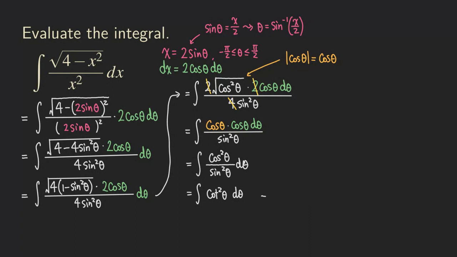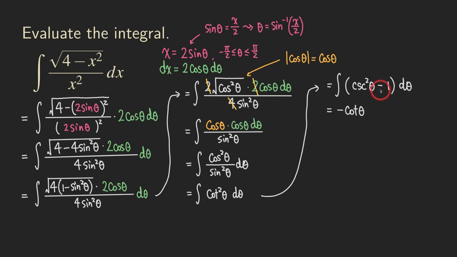So we can use the trig identity to turn it so that it will be the integral of cosecant squared theta minus 1. And then this time we can integrate. So when we integrate, we don't need the integral symbol anymore once we get the antiderivative. The antiderivative of the cosecant squared theta would be negative cotangent theta.